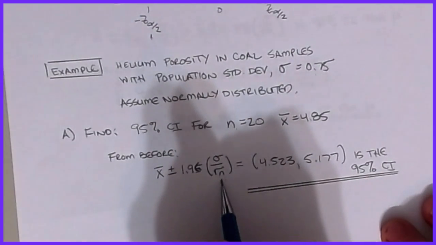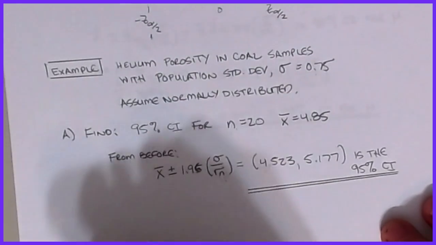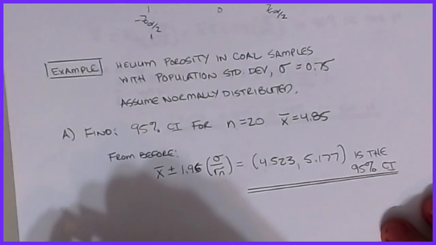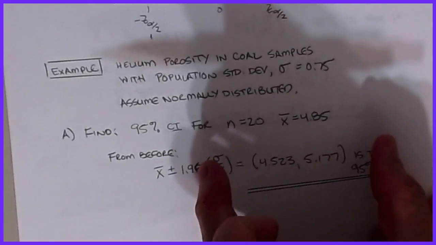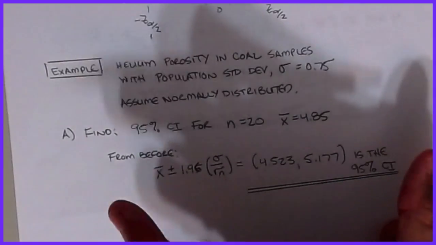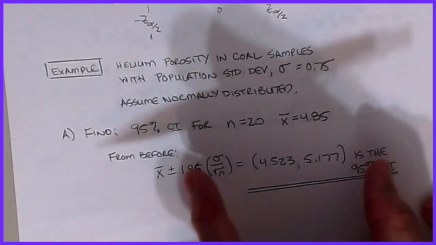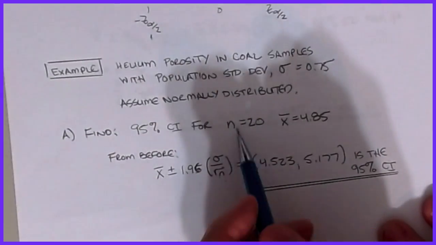If I put 1,000,000 in here, this last term basically becomes 0, and my x bar becomes a predictor of mu for most cases. The smaller the n, the wider this gets for a given sample size. If I only did 10 samples, this would be really wide, but as I crank n up, it gets tighter and tighter until it almost becomes a single point if I take a large enough n.